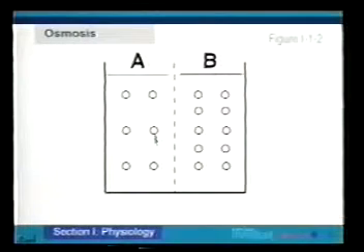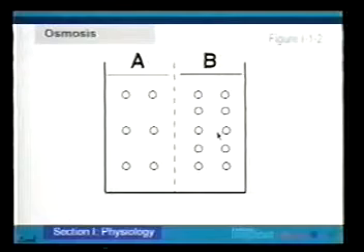On the left side here, we have fewer circles, so this represents the lower concentration of salt. Because the salt is lower in concentration, compartment A has the higher concentration of water. Now, in B here, we have a higher concentration of salt, and therefore we have a lower concentration of water.